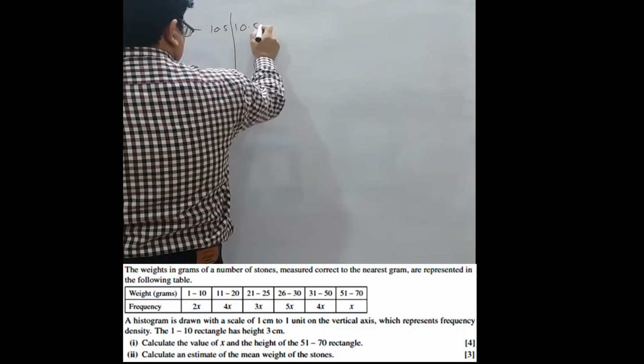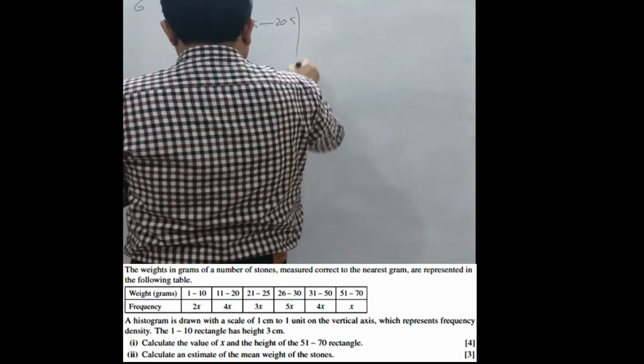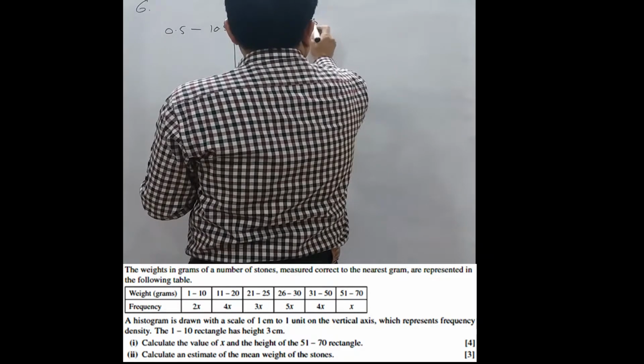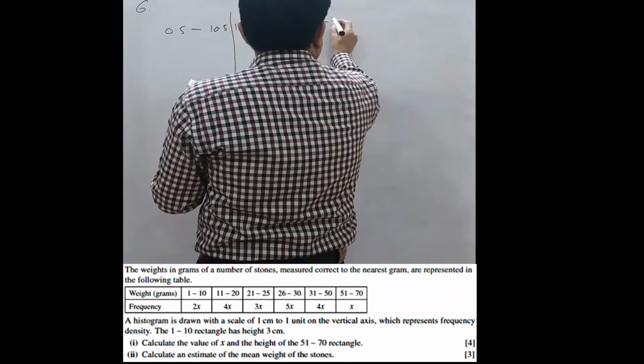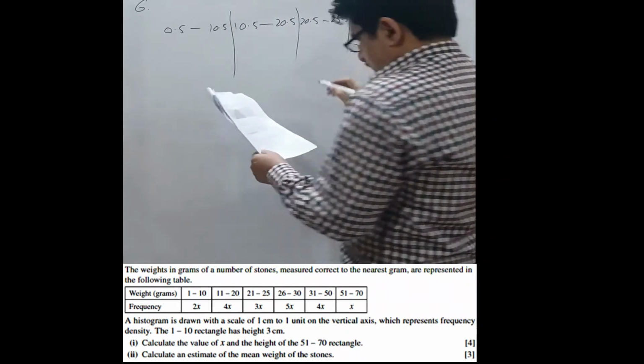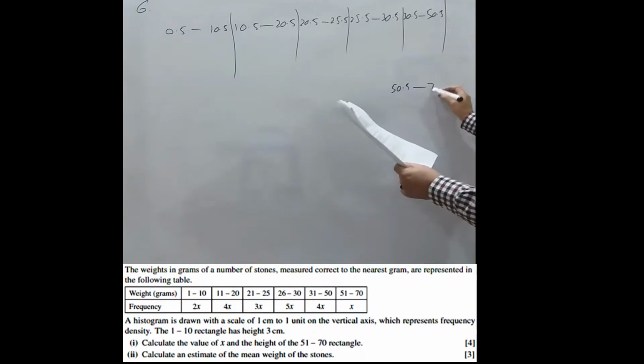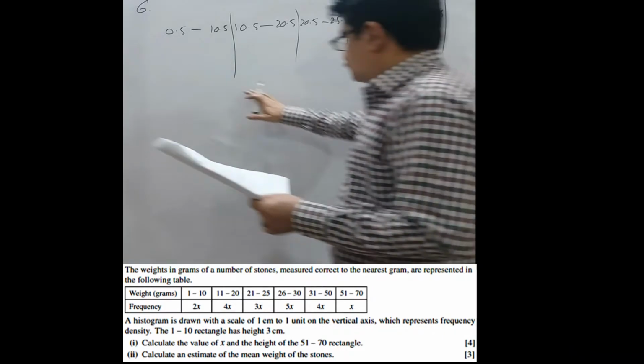This will start from 0.5 to 10.5, then 10.5 to 20.5, then 20.5 to 25.5, 25.5 to 30.5, 30.5 to 50.5, and the last will be 50.5 to 70.5. These are the class boundaries.